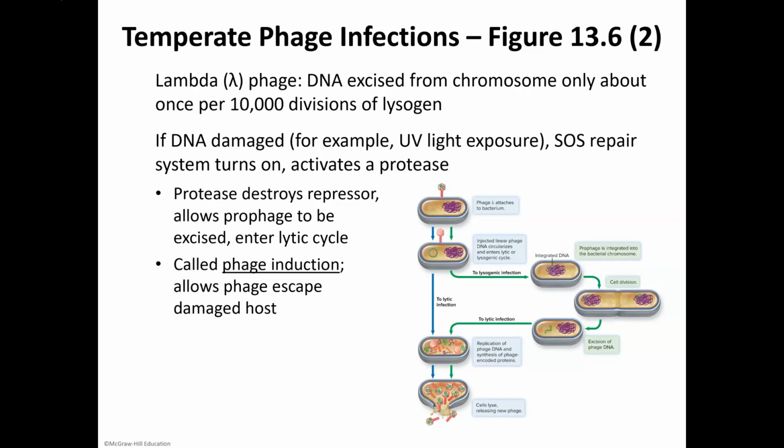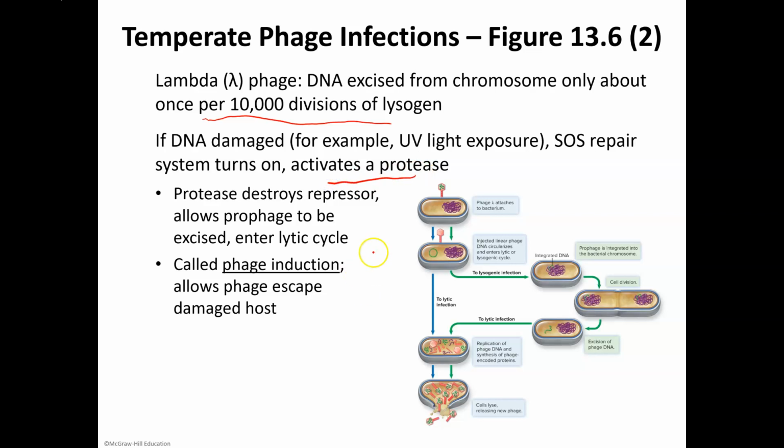So here we have an example of why a cell might die with a temperate phage. Here we have lambda phage. DNA is excised from the chromosome about once per 10,000 divisions. So if DNA is damaged in any way, this is going to cause the lambda phage to activate proteases.